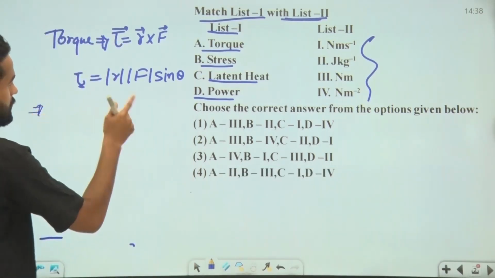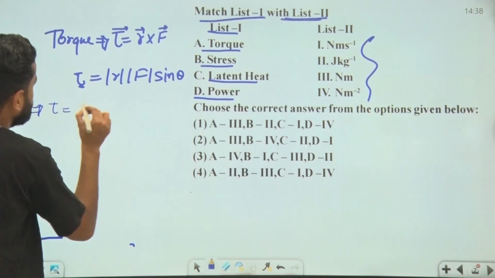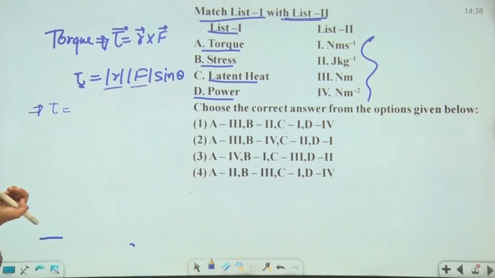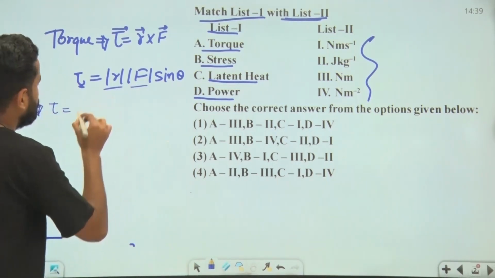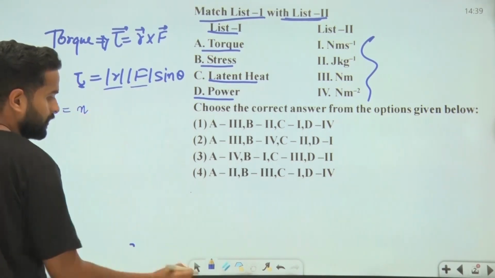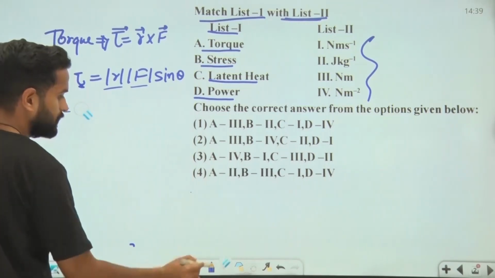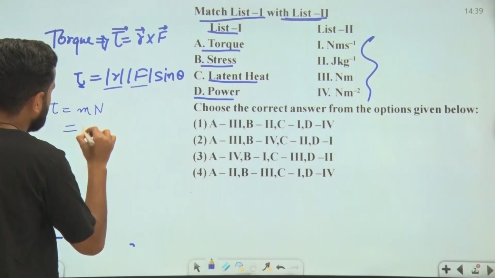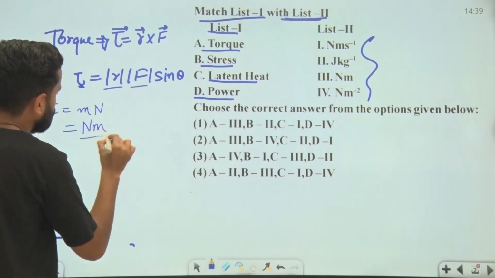So from here I can see that torque depends on R and on force F. The SI unit for R is meter and for force it is newtons. So for torque the SI unit will be Newton meter.